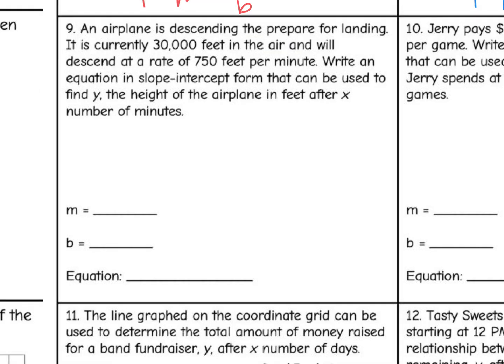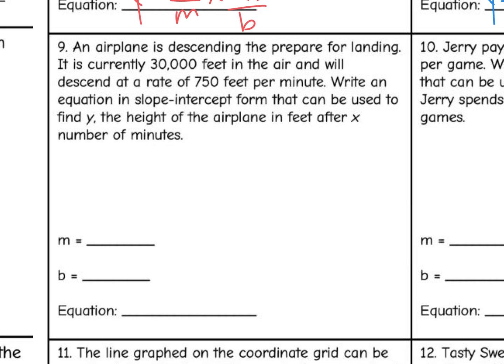Looking at the word problems, you're going to be looking for keywords here. So please read carefully, and it's very easy to mark the question up for you. It is currently, an airplane is descending. Guys, this means it's going down. This is a minus, preparing for landing. It is currently at 30,000 feet. This is where it's starting. This is our beginning.